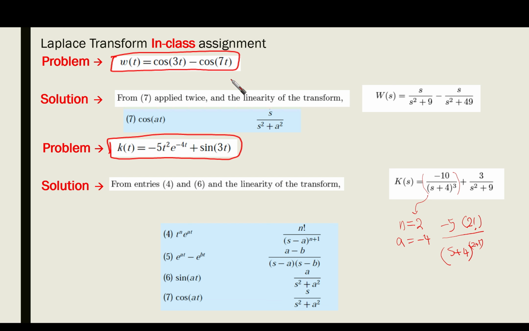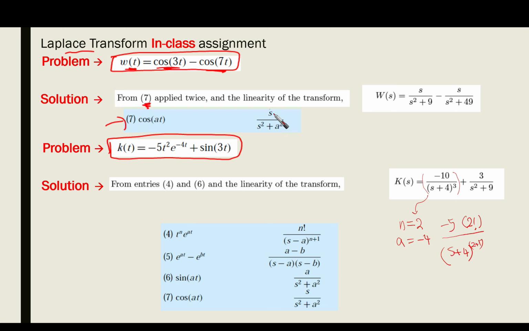After coming back, you are going to find that we have a function here, which is w of t equals cosine 3t minus cosine 7t. Then we can go to the table and find the Laplace transform for this function. From the table, entry number 7, cosine at, this is cosine 3t.